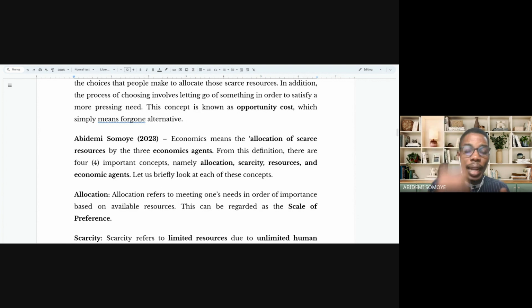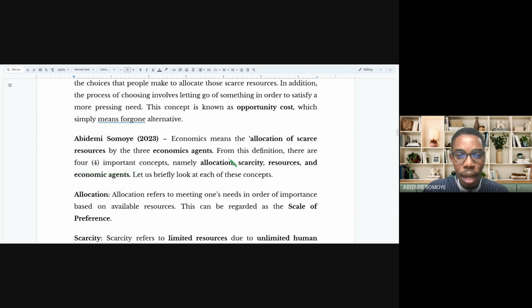You will notice that I've not broken down economics into micro and macro. I will do that, but I'm just giving you the basic foundation of the definition of economics. Then I will further break it down for you. Okay, so basically, I've dealt with economic agents, right?